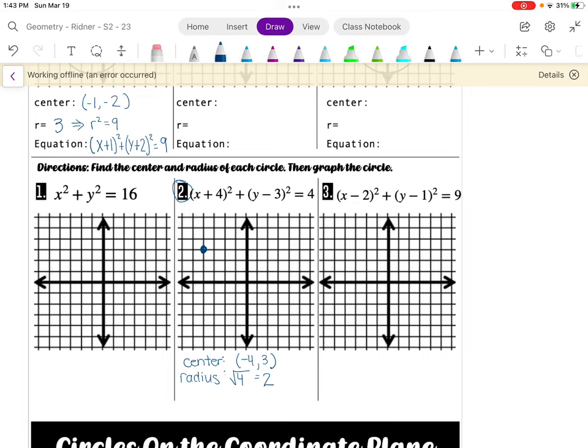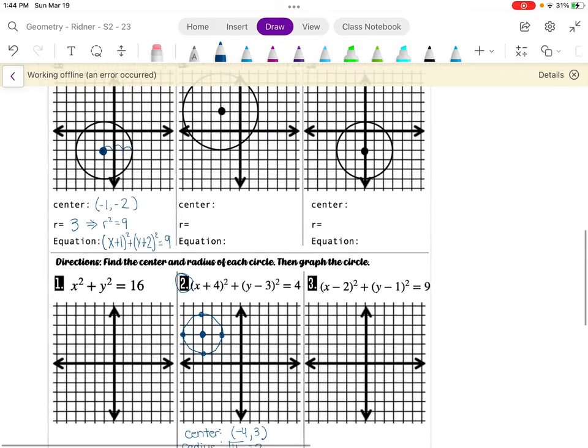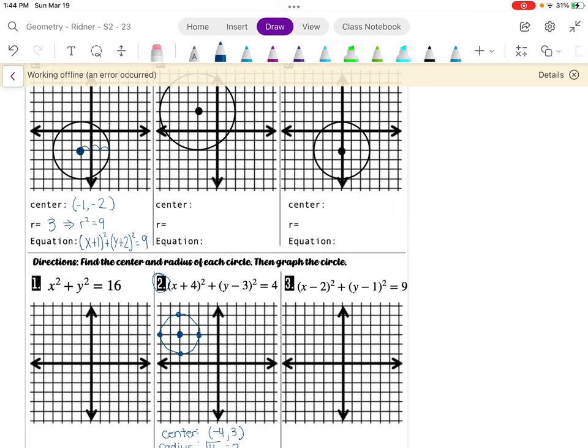Since my radius is 2, that means I'm going to count 2 up, 2 left, 2 down, and 2 right. And I'm going to do my best to draw my very best circle. There, I have graphed a circle. All right, so try the others on your own and then check the next slide to see if you got them correct. This concludes circles.